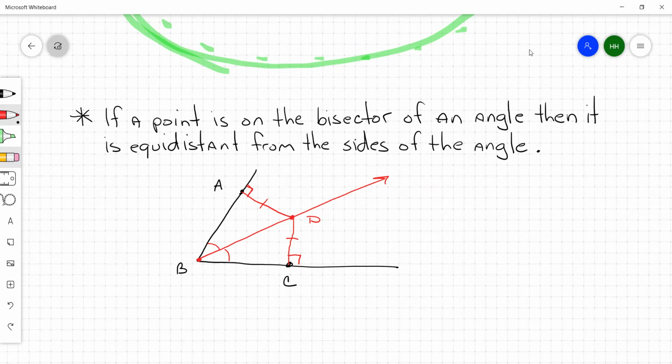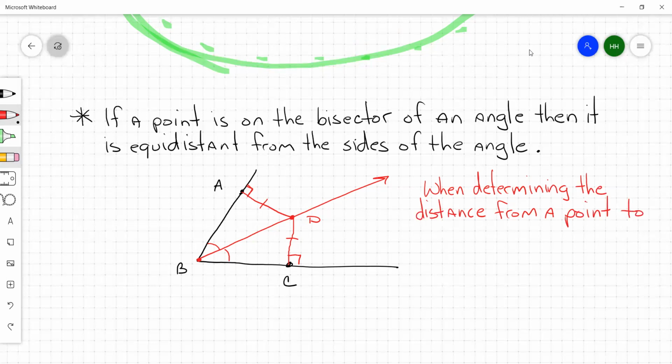And let's write that down as well, that when determining the distance from a point to a line, it must be along a perpendicular.